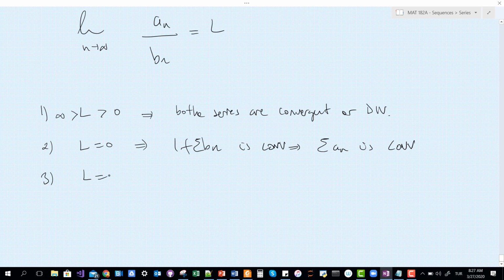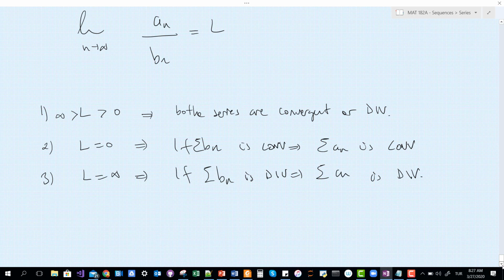But L could be equal to infinity. Then we can say that if the series bn is divergent, then an is also divergent. Okay, that's what we call the limit comparison test. As you see, I'm comparing under a limit, and I need to find that limit using the sequence limit theorems.